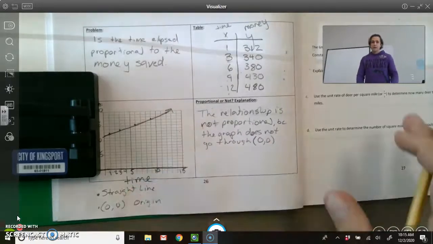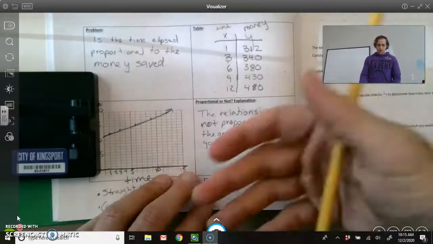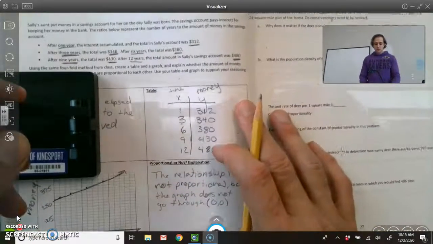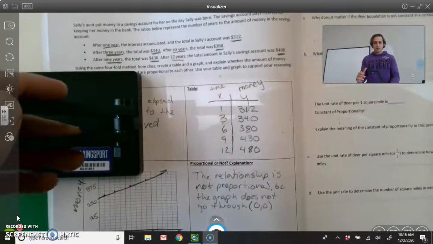Now, we can actually look at this table and determine that it's not proportional from the table. Go back to our first 4 lessons where we talked about determining if something's proportional based on the table.